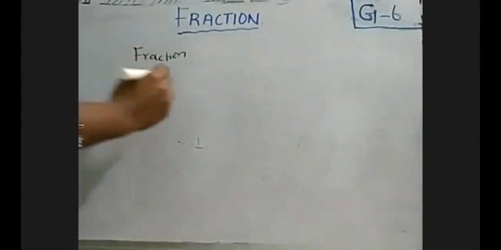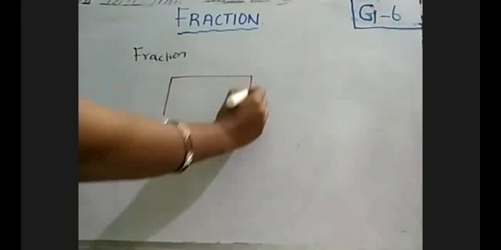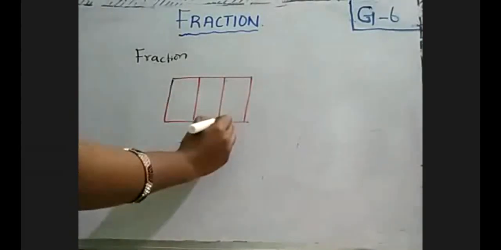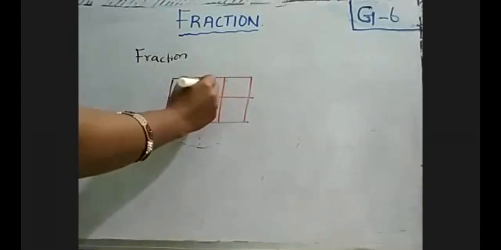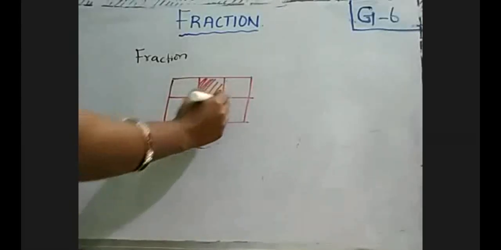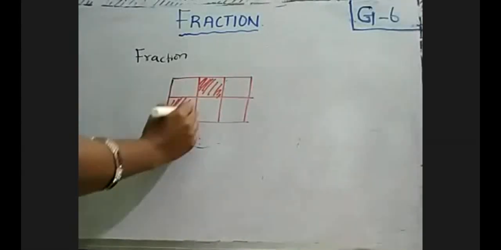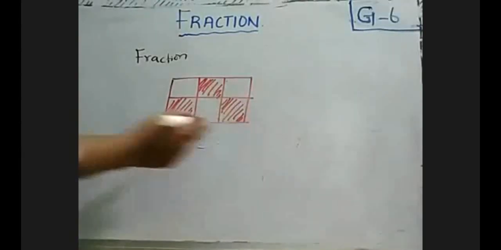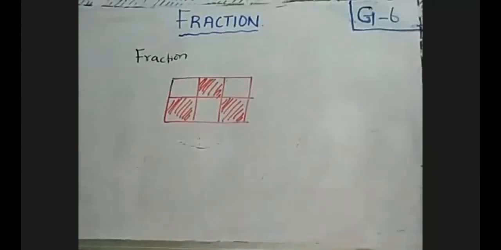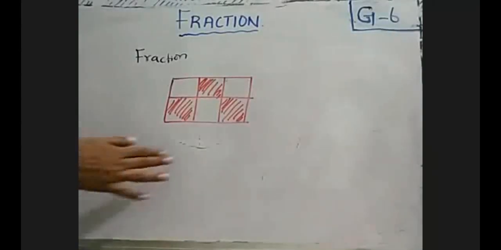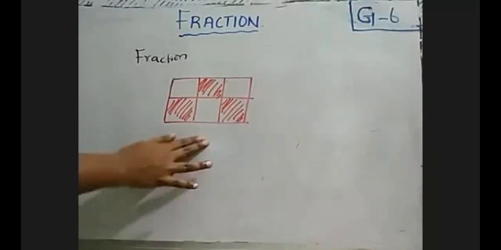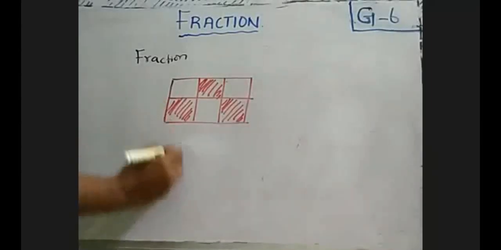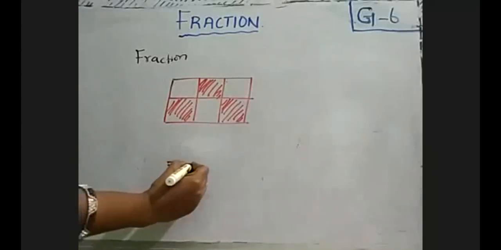If some diagram is given, for this diagram, how can we write the fraction? As I already told, total, how much is divided? Total, you should write in the denominator.